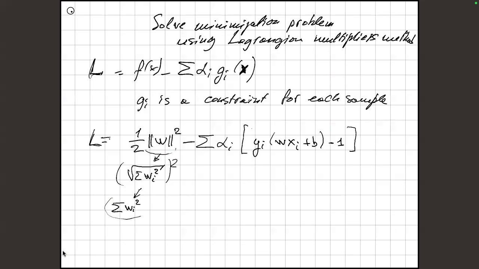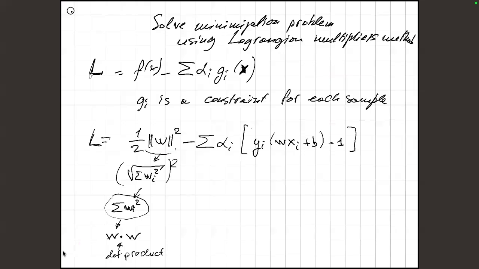These w i are particular coordinates, and this whole thing is nothing more than a dot product of a vector with itself. So you can write it in vector form as w vector multiplied by w. This is the dot product, coordinate-wise multiplication, but you can write it in vector form like this.